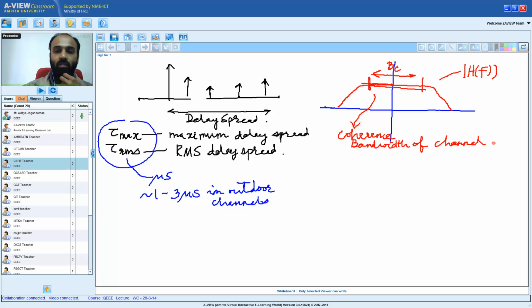What is the coherence bandwidth? To put it simply, coherence bandwidth is the frequency range over which the channel response is flat.